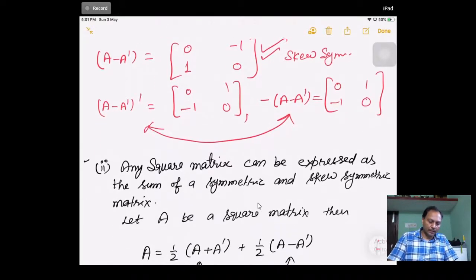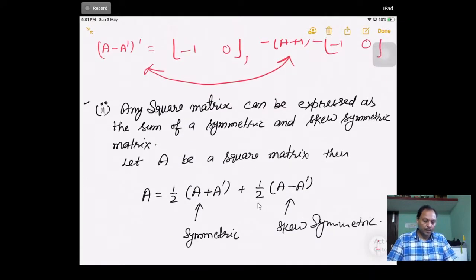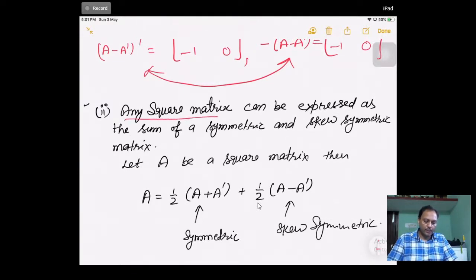Now the second result is: any square matrix can be expressed as the sum of a symmetric and a skew-symmetric matrix. If any square matrix is given, then it can be expressed as the sum of a symmetric and a skew-symmetric matrix. We can understand this easily: if you take a matrix A, it is equal to 1 by 2 times A plus A prime, plus 1 upon 2 times A minus A prime.